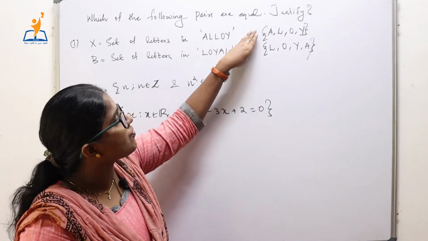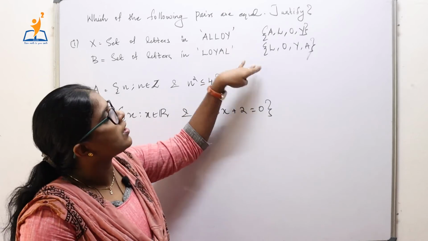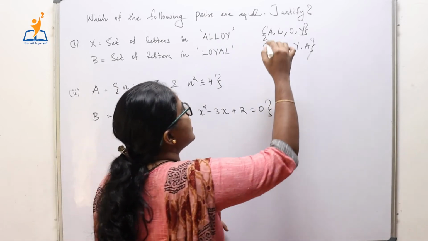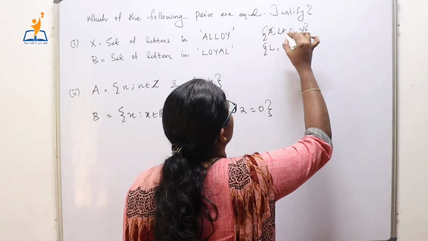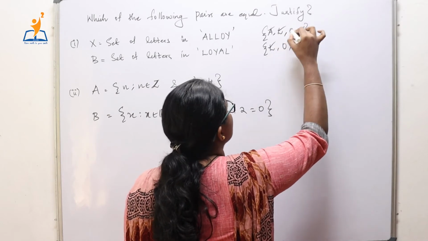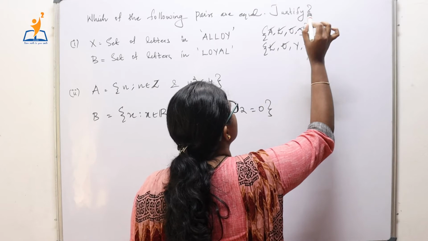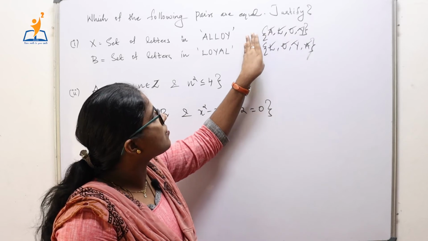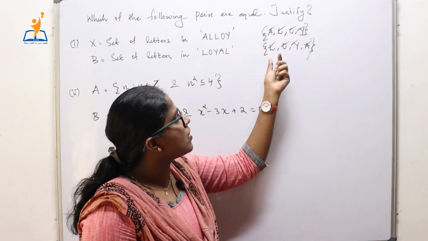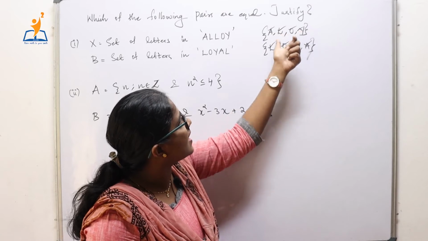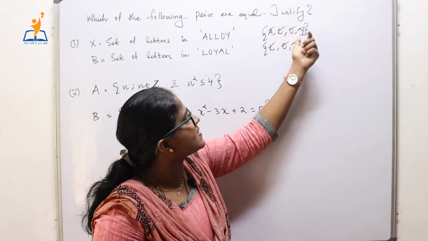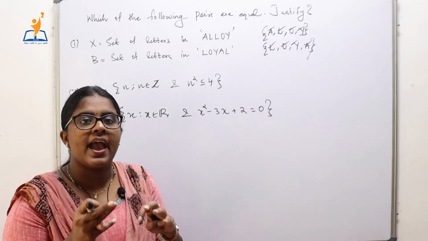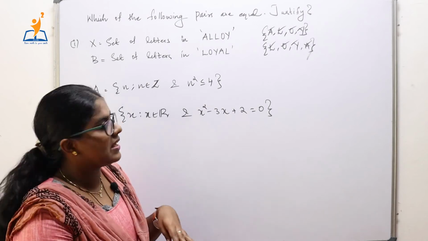If every element of X is in B and if every element of B is in X, we will say that X is equal to B. Now here we have A, here we have A, here we have L, here we have L, here we have O, here we have O, here we have Y, and here also we have Y. So every element of X is in B. Conversely also, if we look, L is in here, O is here, Y is here, A is here. So every element of X is in B and every element of B is in X.